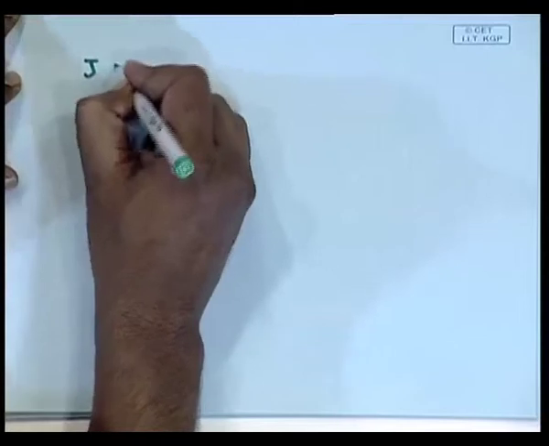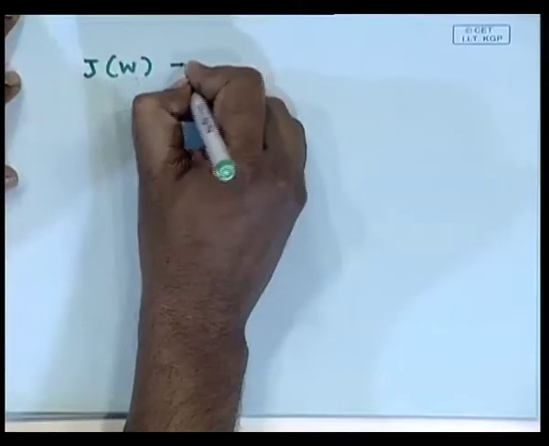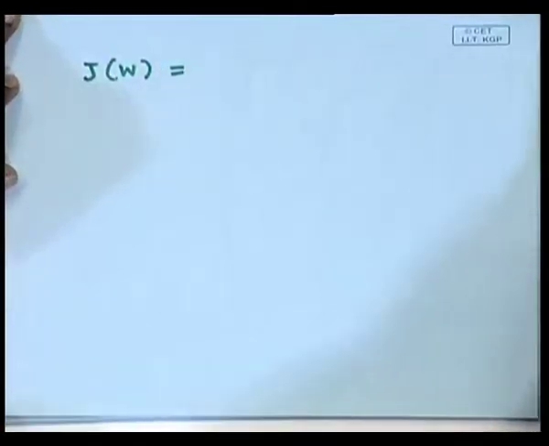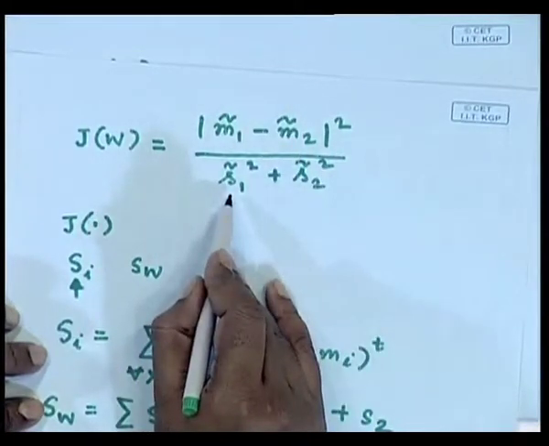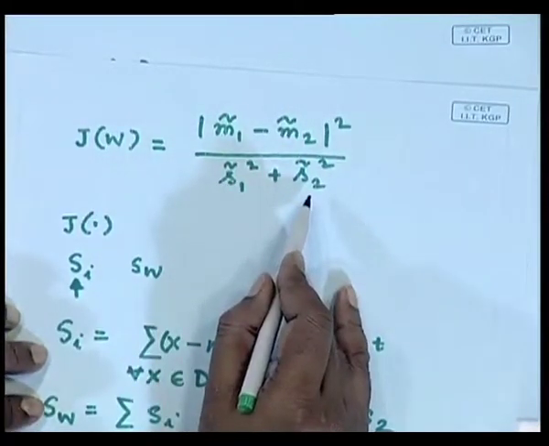Now, if I redefine our criteria function as J W, in the earlier case it was M 1 tilde minus M 2 tilde square upon S 1 tilde square plus S 2 tilde square, right.